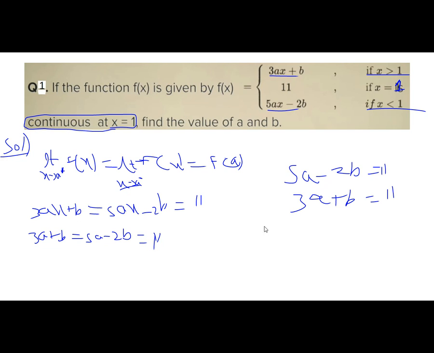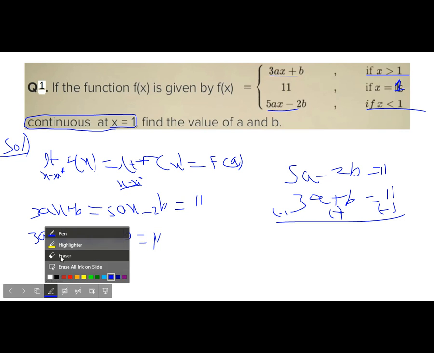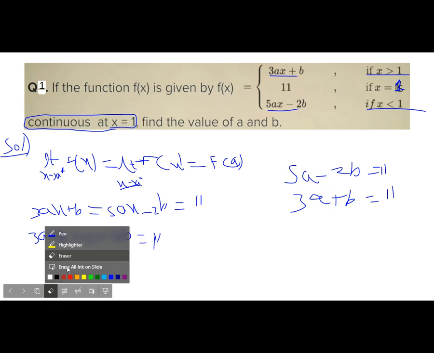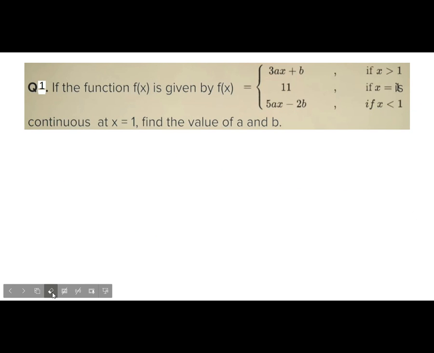Let's eliminate b here. For that, what we can do is multiply... Oh sorry, control set is not working.